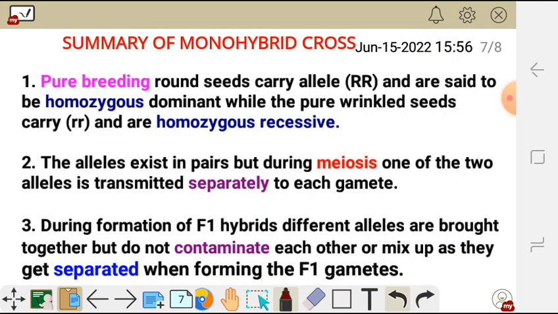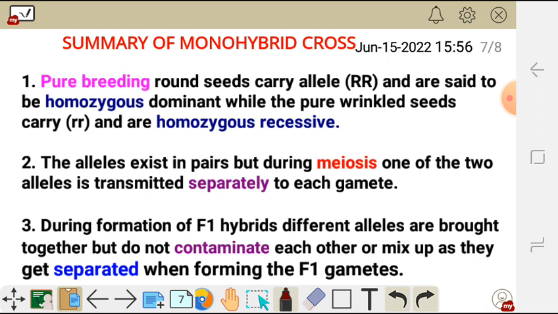So what can we summarize about the monohybrid cross? A monohybrid cross involves what we call pure breeding parents. In this case, we were crossing pure breeding round seeds, which carried capital letter R, which is homozygous dominant. These seeds are said to be homozygous dominant, while the pure wrinkled seeds are said to be homozygous recessive.